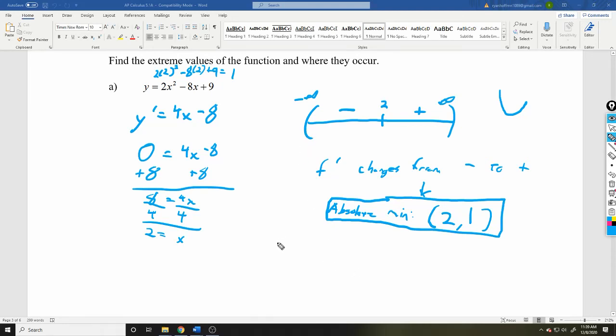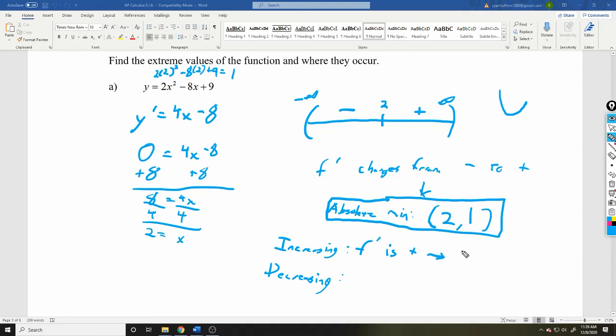So looking ahead, we can also get rules for increasing and decreasing. And figuring out mins and maxes and increasing or decreasing, this is the idea behind the first derivative test. Based on the first derivative, we can determine where there's maxes and mins. We can determine where the function is increasing or decreasing. The function is increasing whenever f prime is positive.